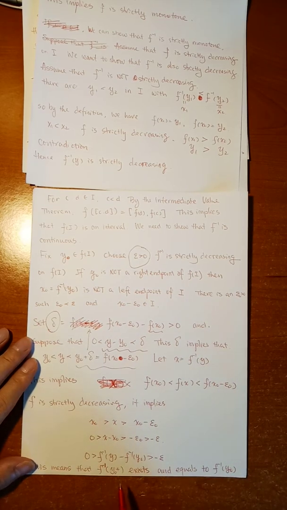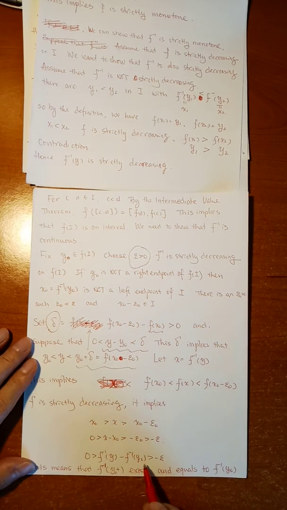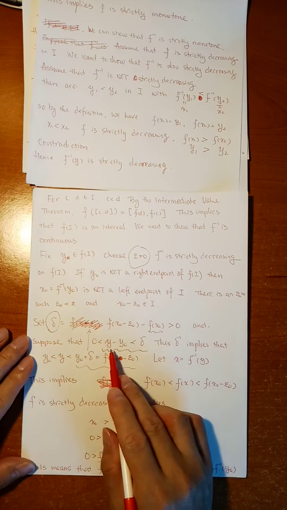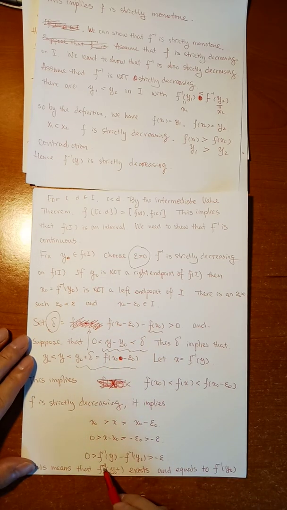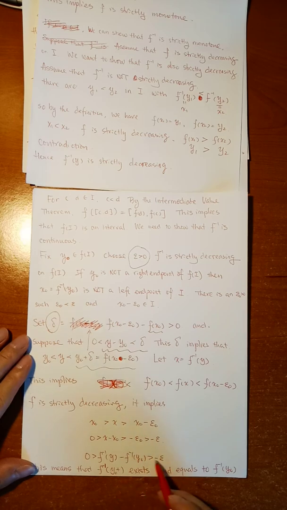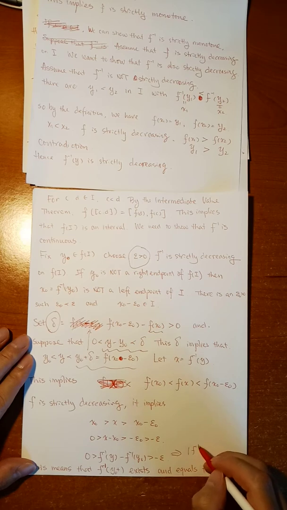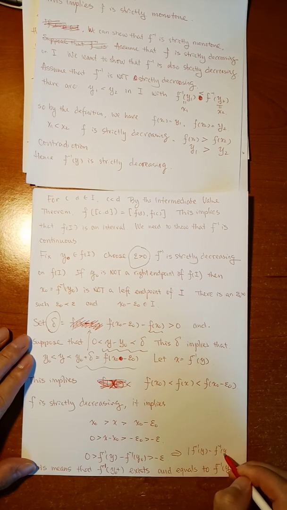So in this way, we can only discuss the one-sided limit. Here, this implies, on the right side, y minus y0 is less than delta, so we get the right-side limit of f inverse at y0, even though here it's greater than negative epsilon. This implies, not equivalent, but it implies that f inverse of y minus f inverse of y0 is less than epsilon, right?